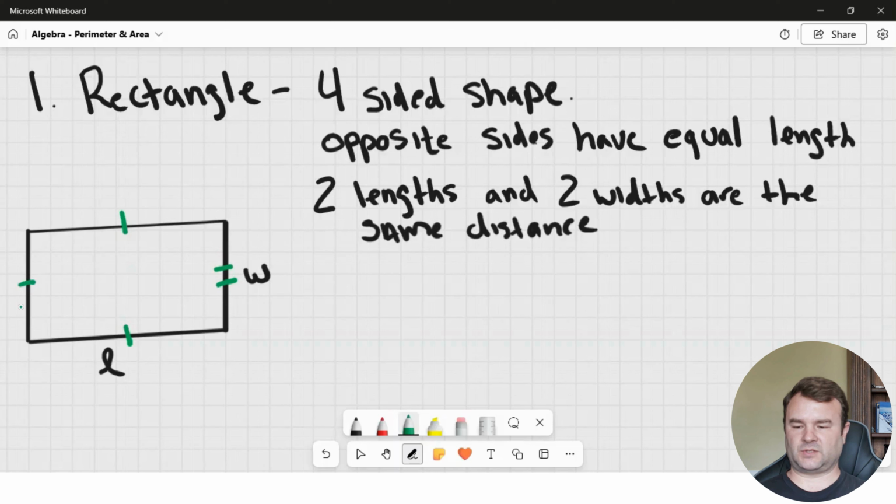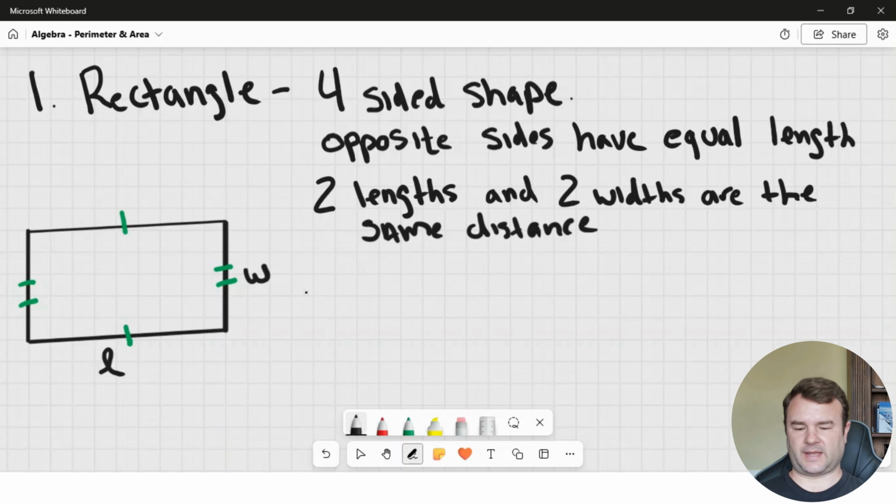And we'll use two slash marks here to show that the width sides have the same distance or measure. Cool. Now we've defined what a rectangle is, we showed what it is, and we're going to use L and W, or length and width, to define the sides of the rectangle.